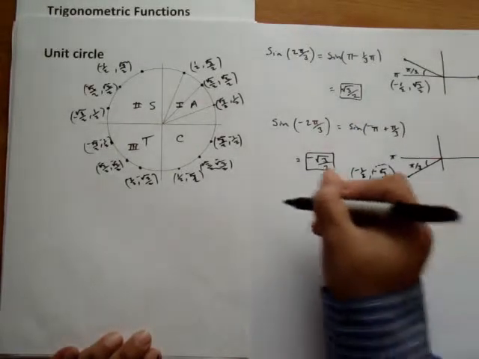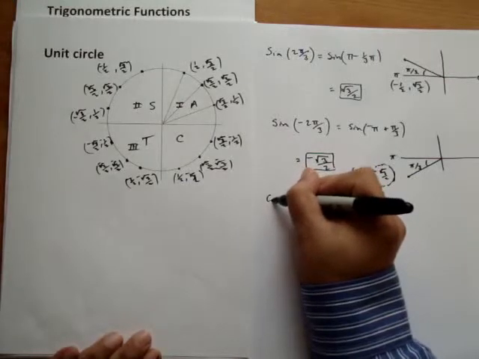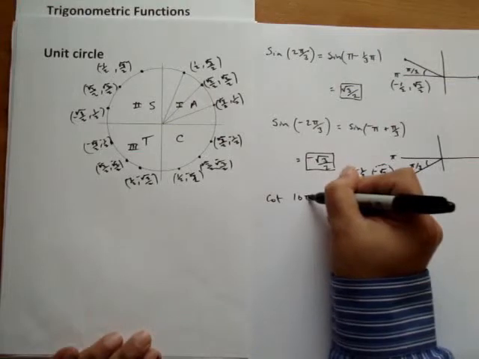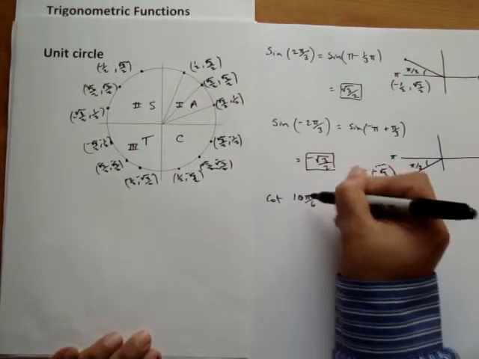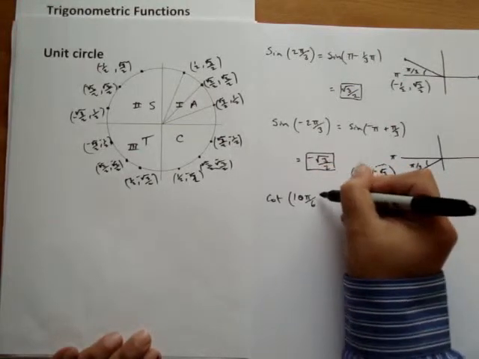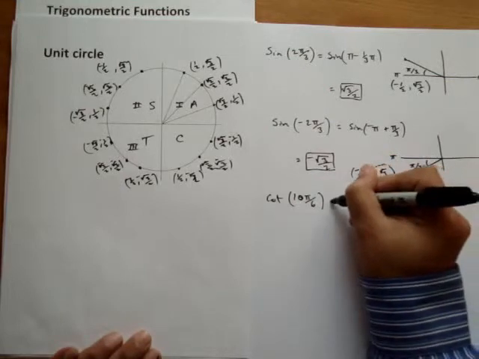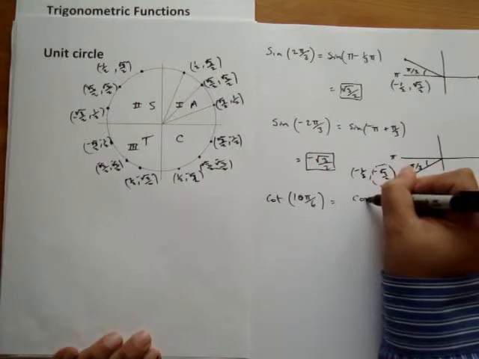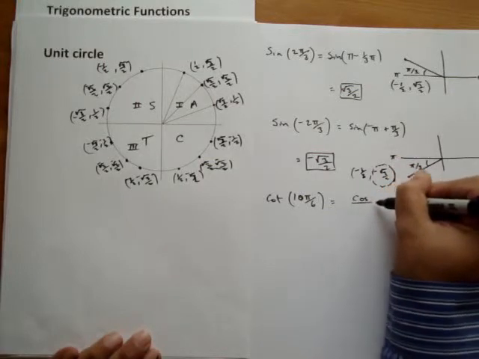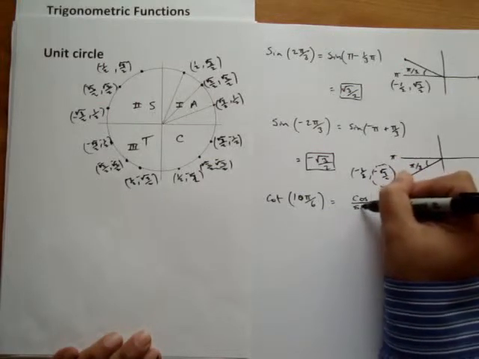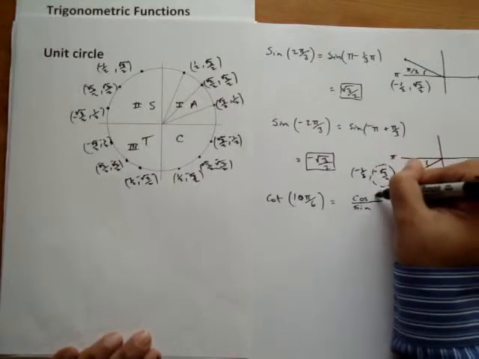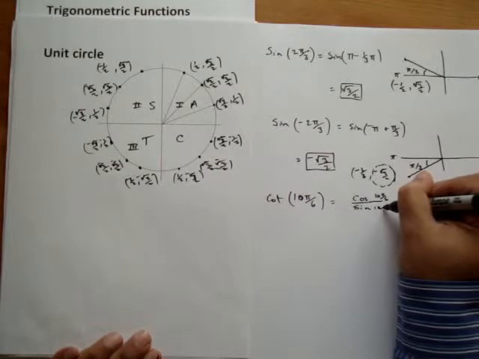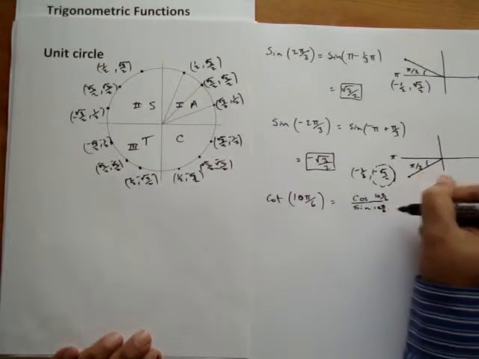So we'll look at cotangent of 10 pi over 6. We know that cotangent is cos over sine. So it'd be cos 10 pi over 6 over sine 10 pi over 6.